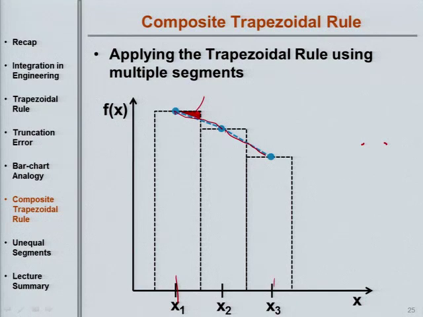The first thing is just this little bit, this little red triangle here. We don't include that in our integral, whereas we did previously when we were just using rectangles. Likewise, we actually include this as part of our integral now, whereas we didn't previously.